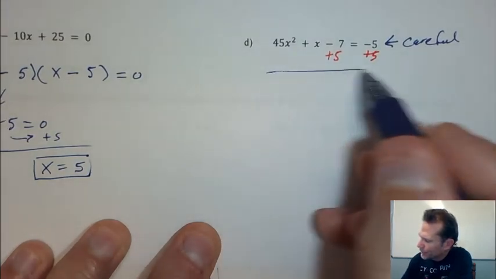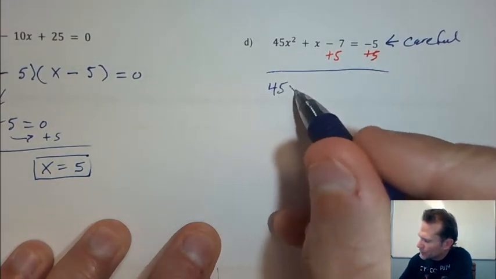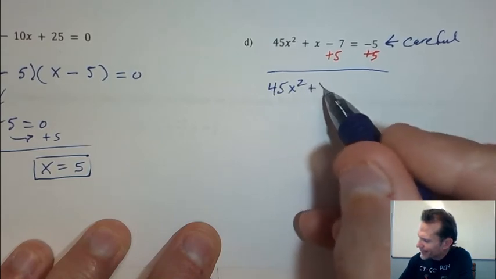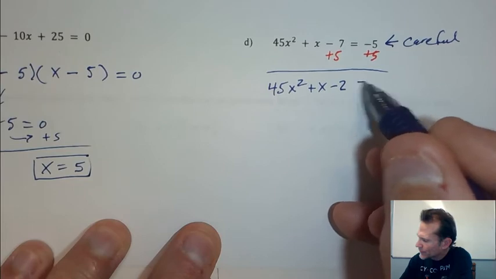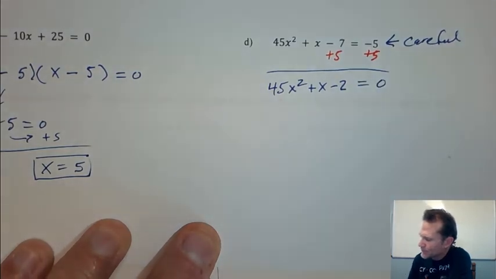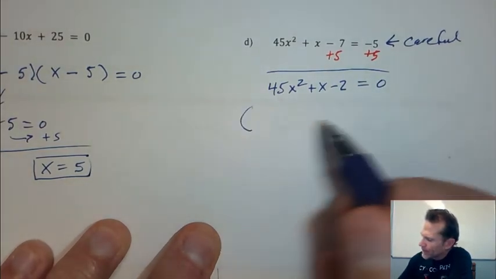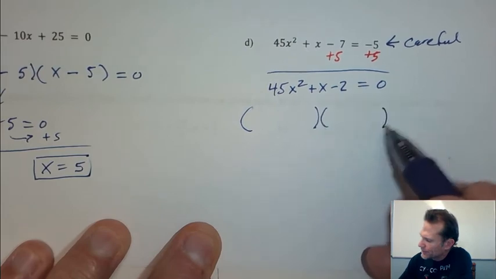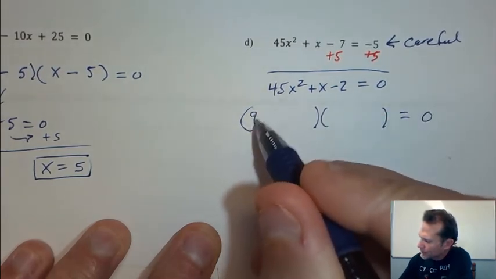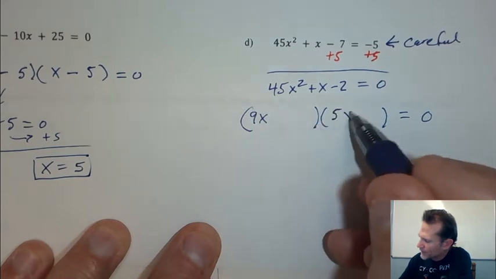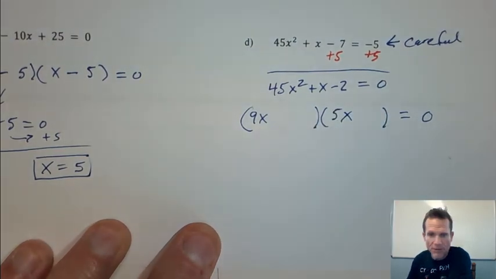And I have 45x squared plus x, and then minus 2 equals 0. Okay, so I'm going to factor this. The first thing that comes to my mind with 45 is 9 and 5. Now that doesn't mean it's going to work because there's other options. There's 3 and 15 and 1 and 45.